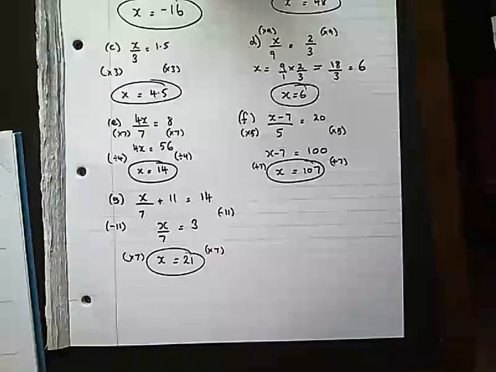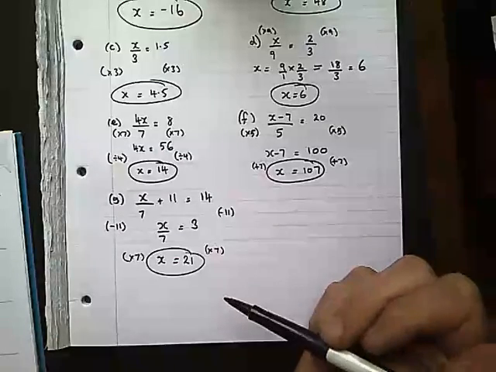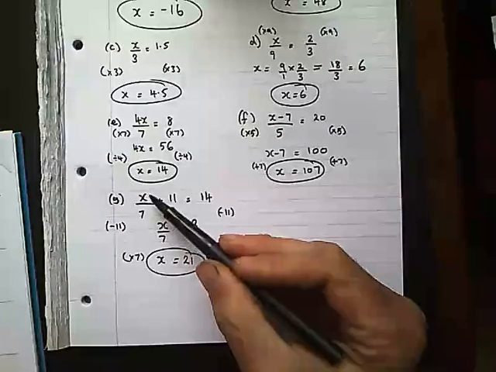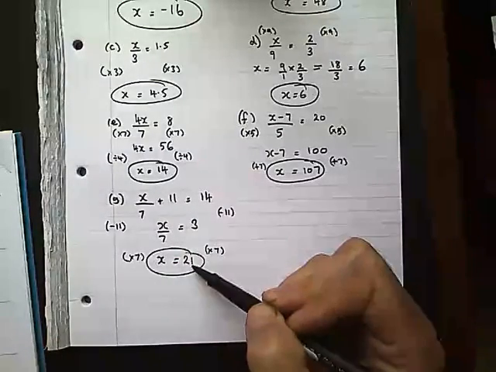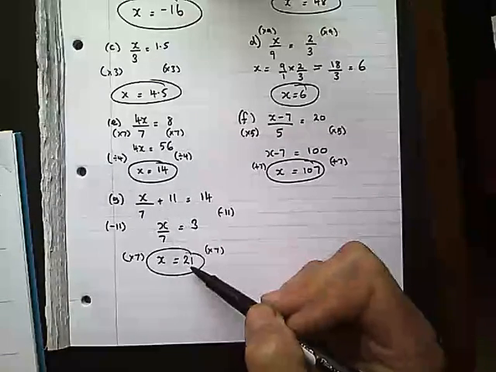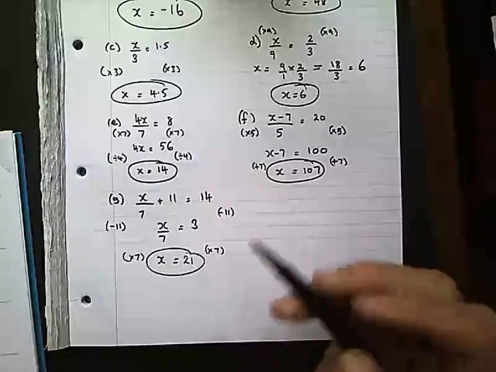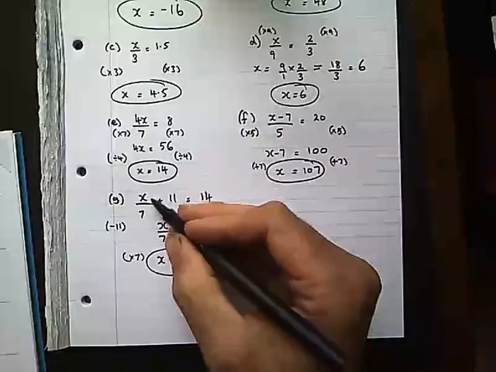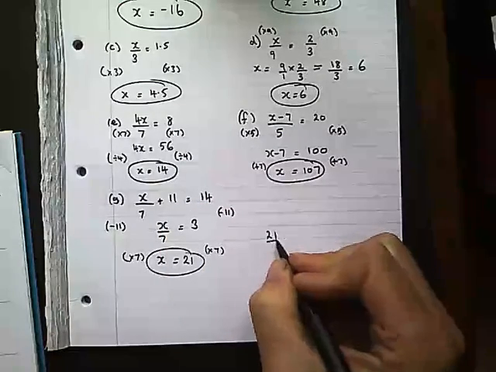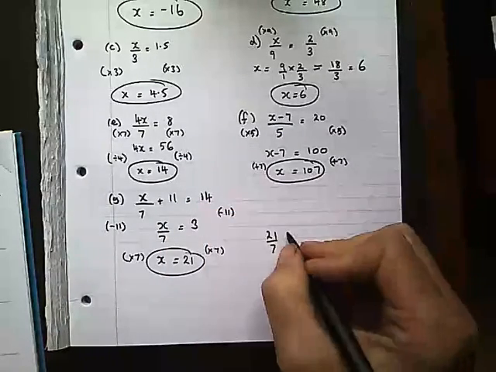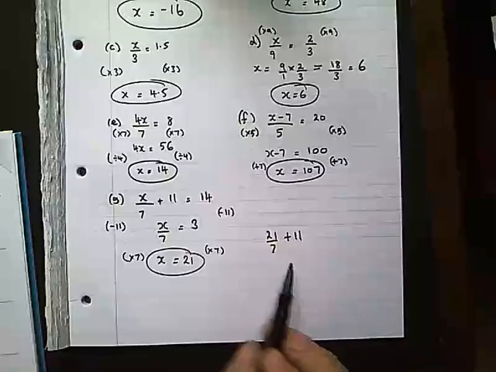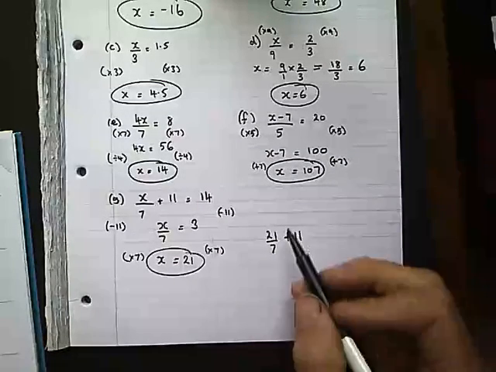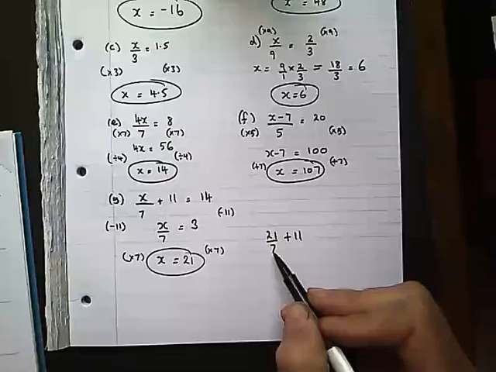And there's a nice way to do this check. I'm going to replace this x by the number 21, because they're telling me that x has to equal 21. So this is where I'm going to check it. I'm going to do 21 divided by 7 plus 11, and hopefully this answer is 14. So 21 divided by 7, how many 7s into 21?